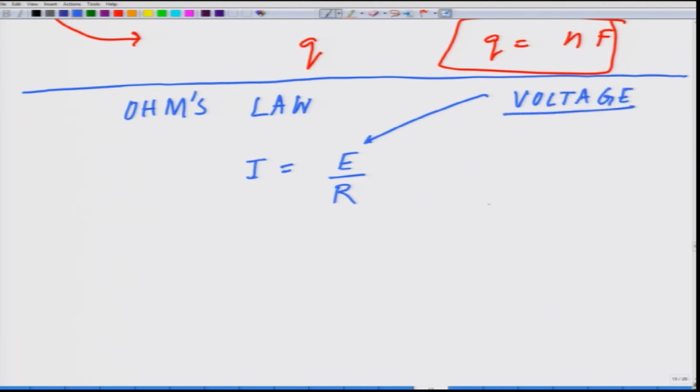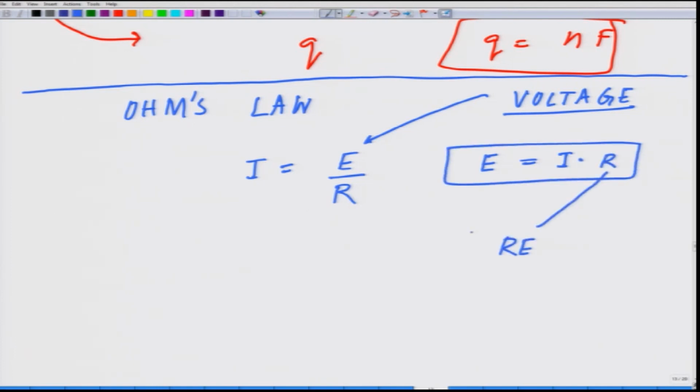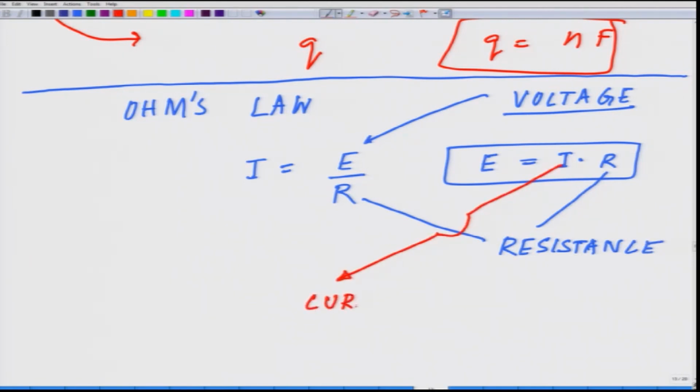So, basically V is equal to IR, or E is equal to IR, where R is the resistance and I is the current. This is the third relation you will have to remember: the relation between current, voltage and resistance.